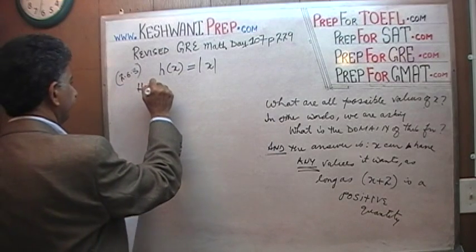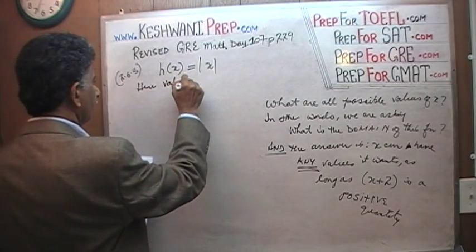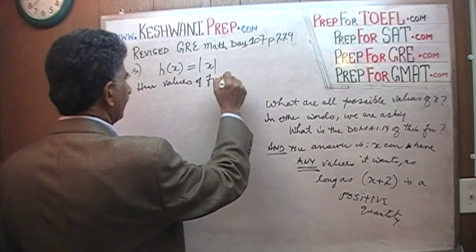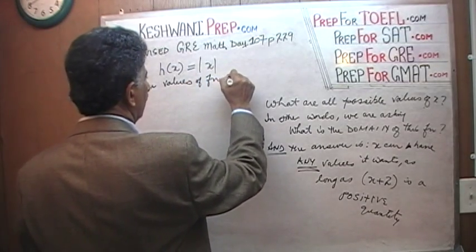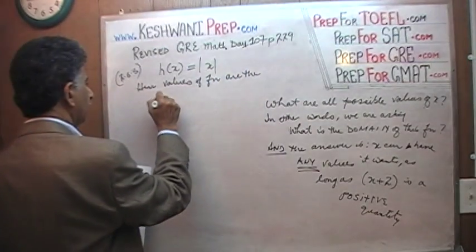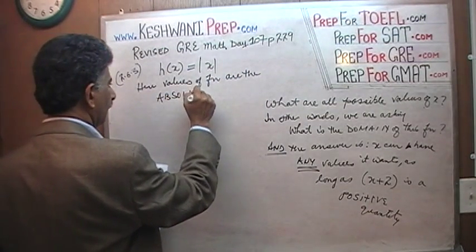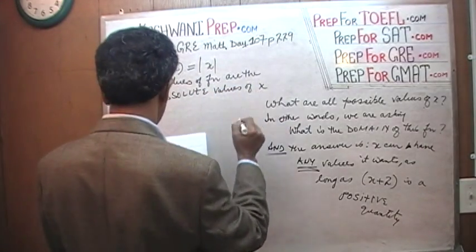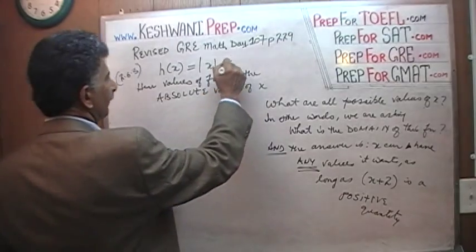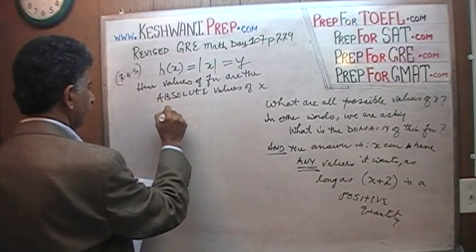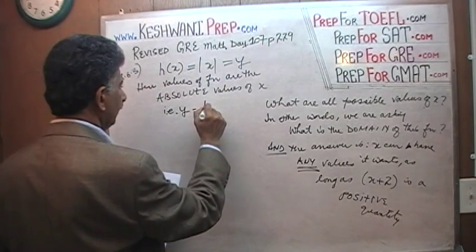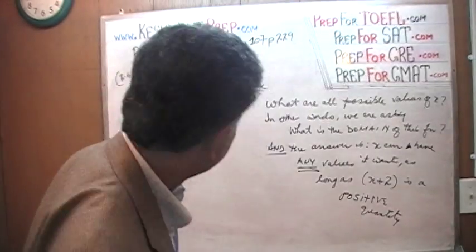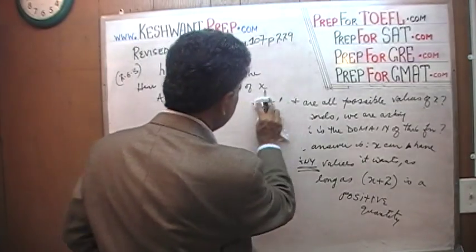Here, the values of the function are the absolute values of x. That is, this is your y. That is, y equals the absolute value of x. In other words, what we are saying here is, I'm going to erase all of this, we don't need it.